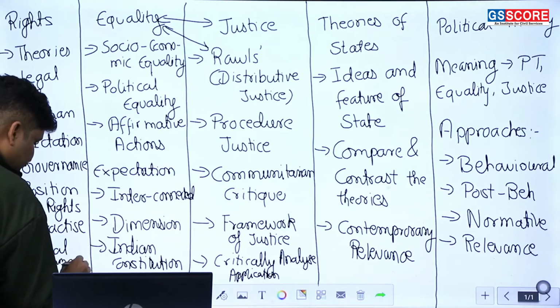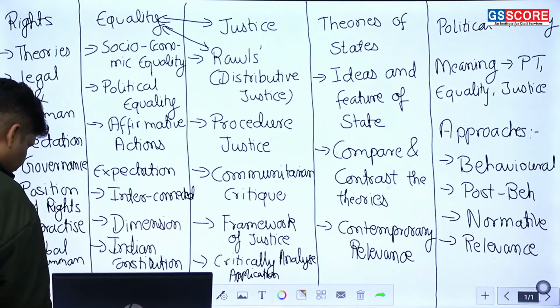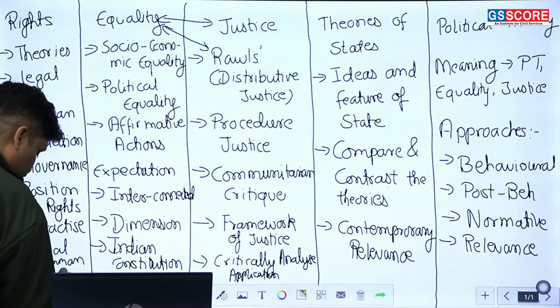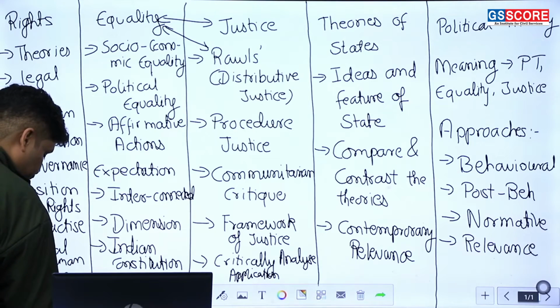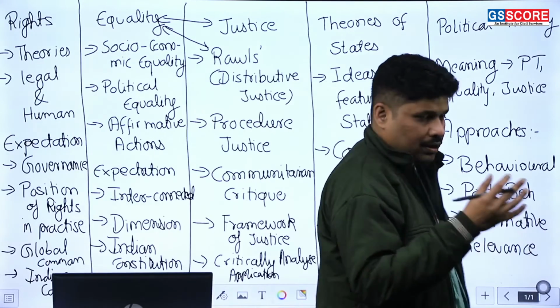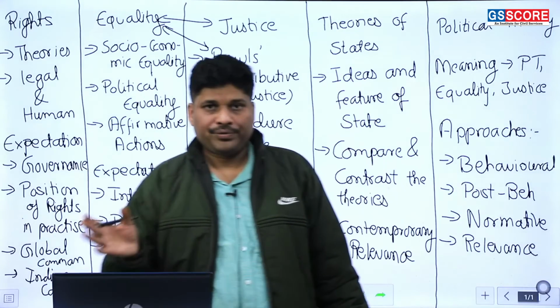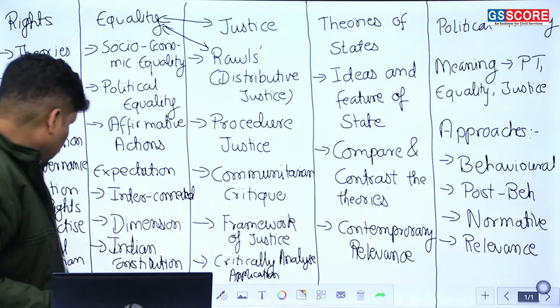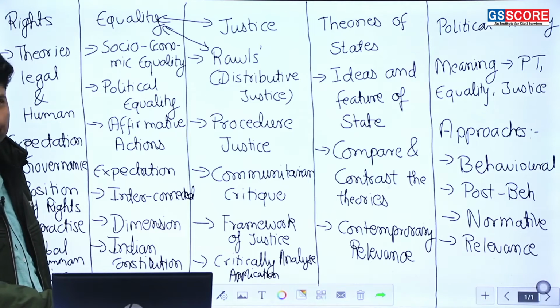And obviously again you come to the Indian Constitution. Without interlinkages, obviously not in all the answers, depending upon the content or the crux of the question, you have to orient it. So it is with respect to the Indian Constitution.